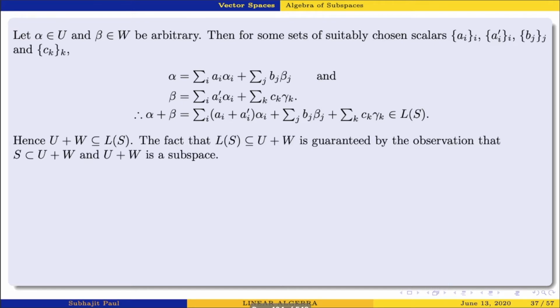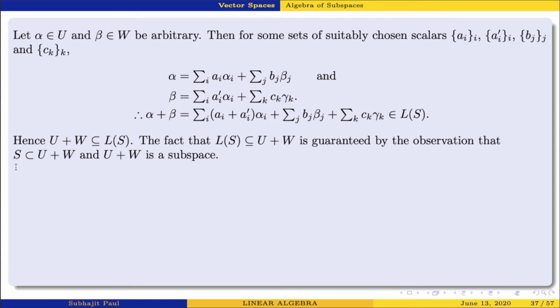Fine. The fact that the other way is also true, that the linear span of S is contained in U plus W, is guaranteed by the observation that S is contained in U plus W, and U plus W is a subspace. S was the combination of all those alpha vectors, beta vectors and gamma vectors, and they all came from either U or W. Each of them you can write as a vector from U plus 0 if it is coming from U, or if it is coming from W, you can write null vector plus that vector.